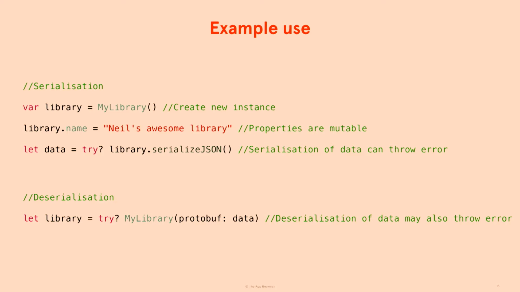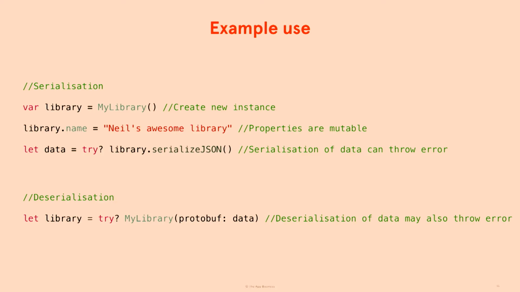So yeah, I've created this my library type using my Protofile. I've run my command line tool. To create an instance of it, I initialize it as normal. The properties are all mutable. And again, this is one of the things that I found slightly jarring about using this framework.